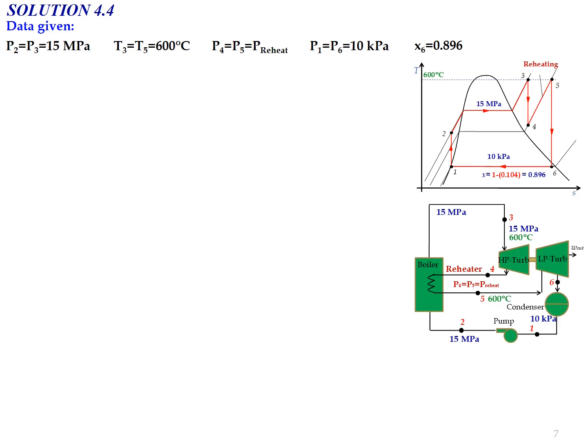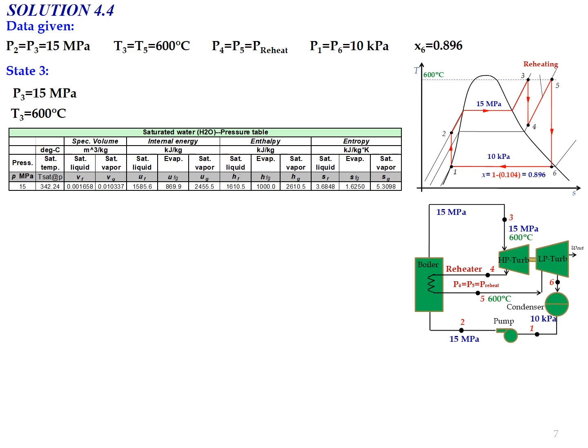Okay, next, state number 3. The given pressure is P3 equal to 50 megapascal and T3 equal to 600 degrees Celsius, so we already have two data. Let's say you're not sure of the phase for state number 3. You can check the phase using the saturated water pressure table.